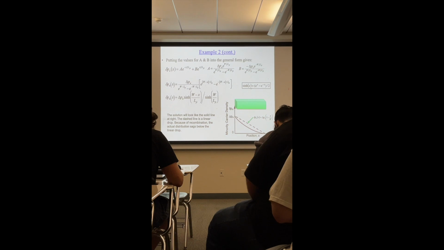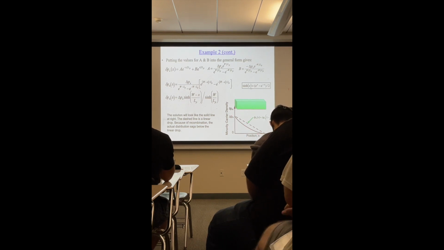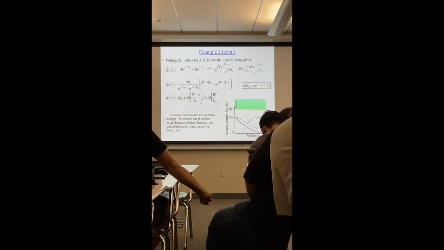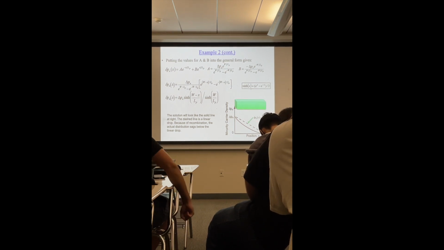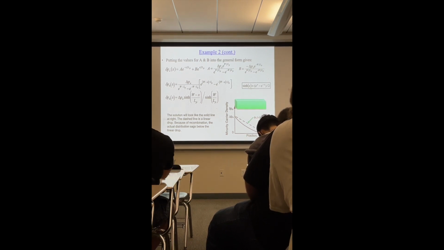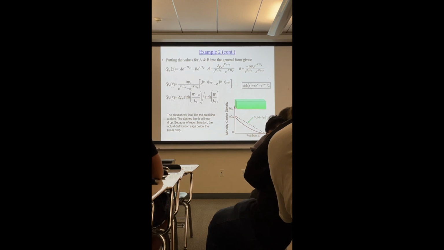You may wonder what this dashed line is. The dashed line is a linear function and represents no recombination. The solid line represents with recombination. So if we have recombination, which is the default, the actual distribution sags below the linear graph. It drops much faster.